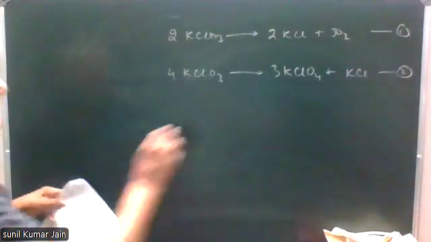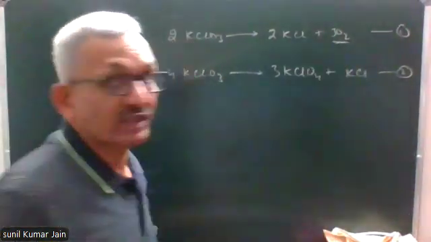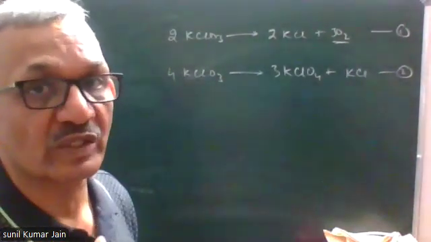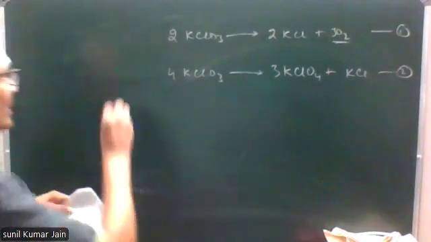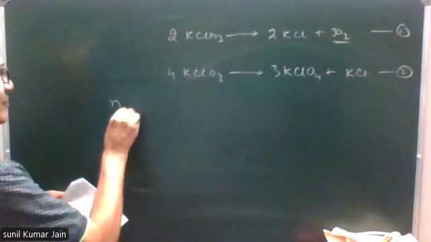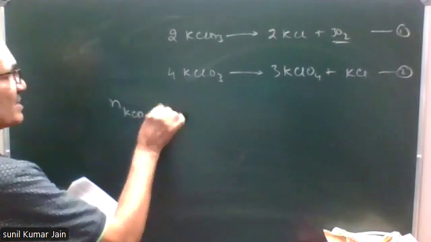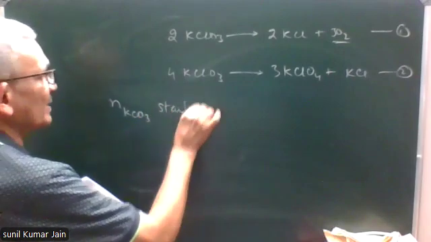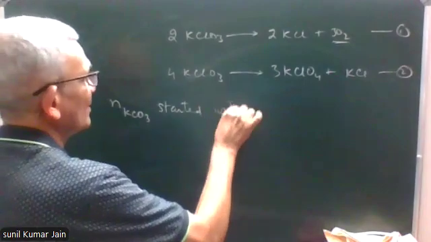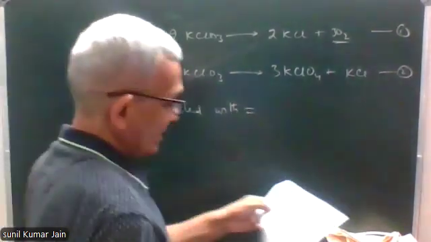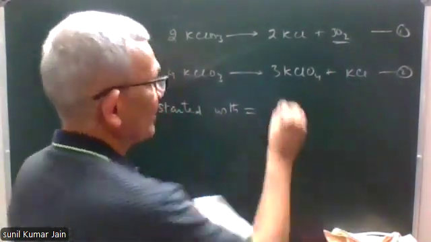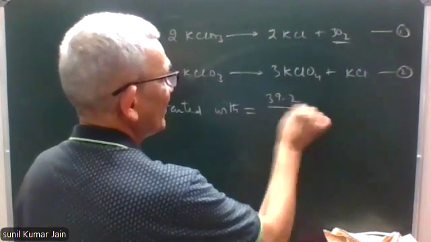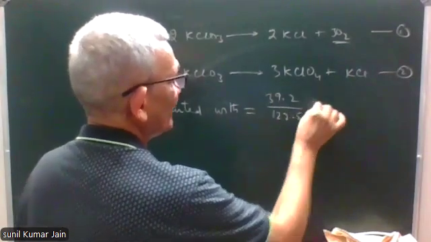Now, see, oxygen is produced in reaction 1 only, not in reaction 2. Now, number of moles of KClO3 we started with: this was 39.2 grams divided by molecular weight 122.5.